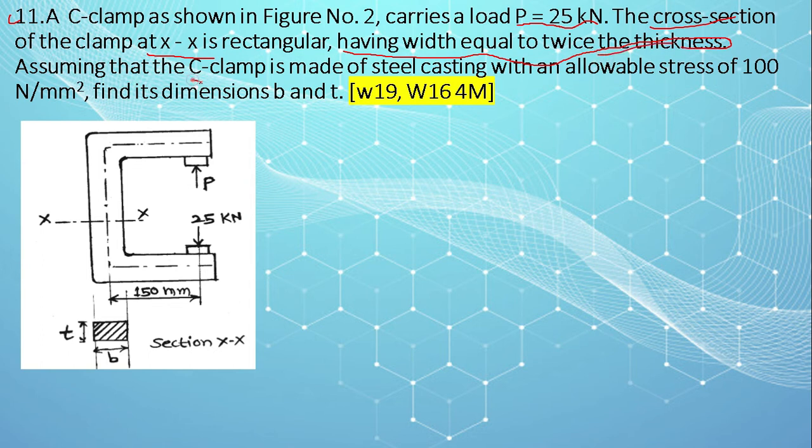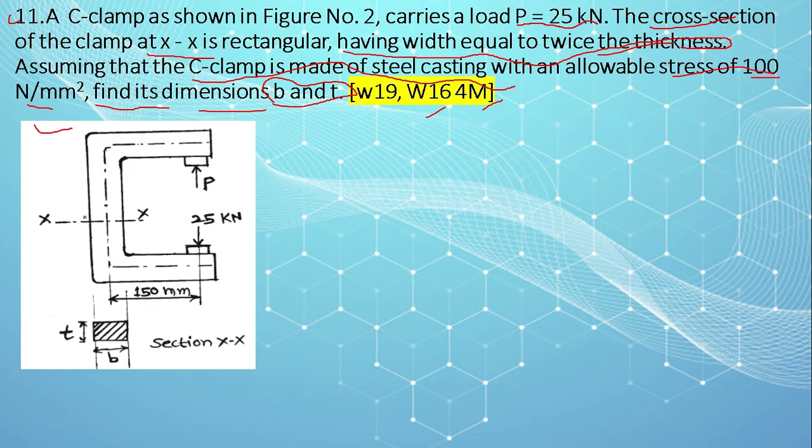Assuming that the C clamp is made of steel casting with an allowable stress of 100 Newton per mm square, find its dimensions B and T. This question was asked for 4 marks in the exam of winter 19 and winter 16. They have provided a figure.